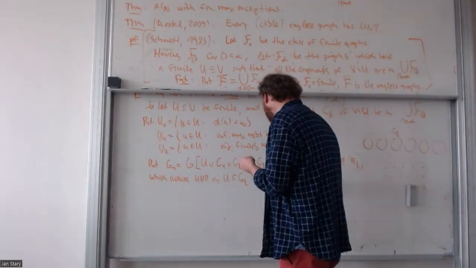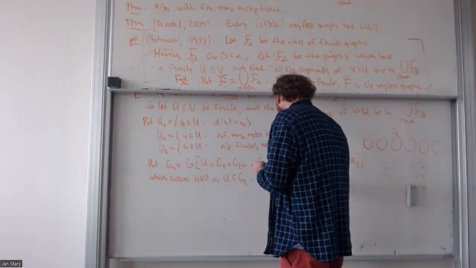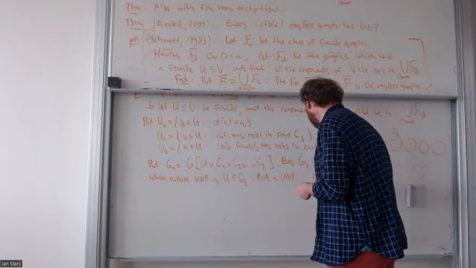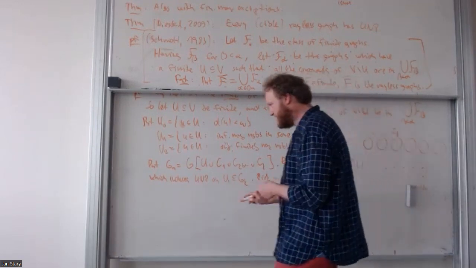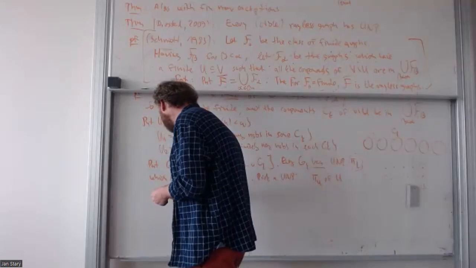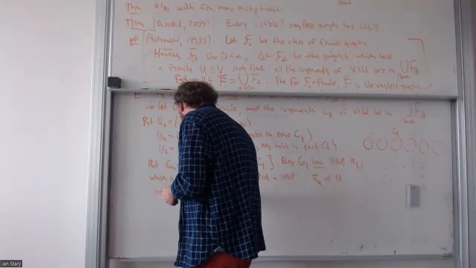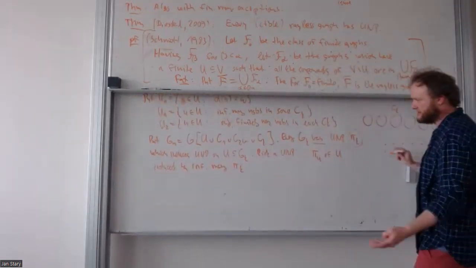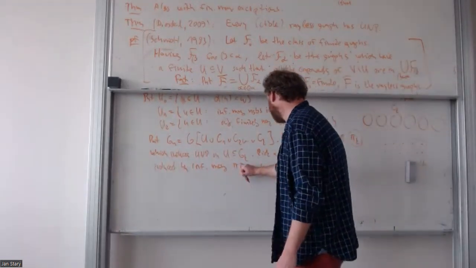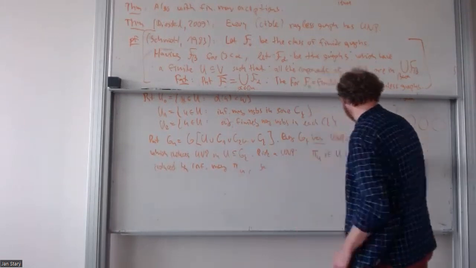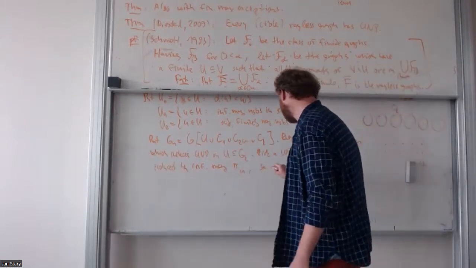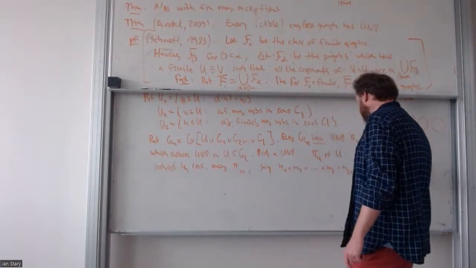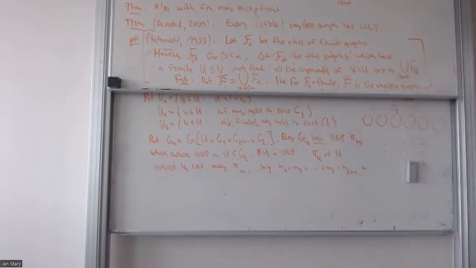So pick an unfriendly partition P_U of U, induced by infinitely many of these P_n, say n1, n2, and so on, n_{k+1}. Right?